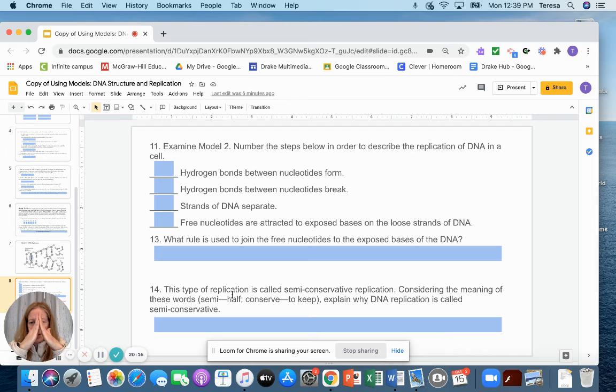So we start off with this double-stranded DNA that gets pulled apart. When we make our new DNA, half of each new DNA molecule is going to be old DNA. And then the other half is the new DNA. So semi-conservative, half of the DNA is old, half of the DNA is new every time we replicate the DNA.